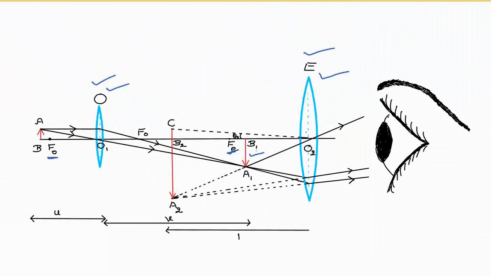And we know that when the object lies between the focus and optical center of a lens, then the image formed is virtual, erect and magnified.